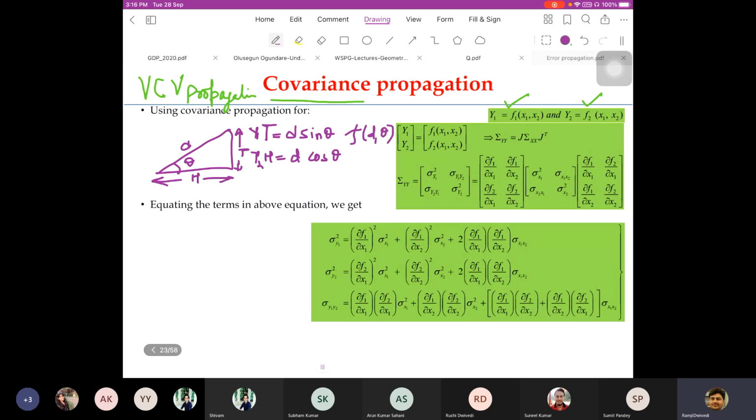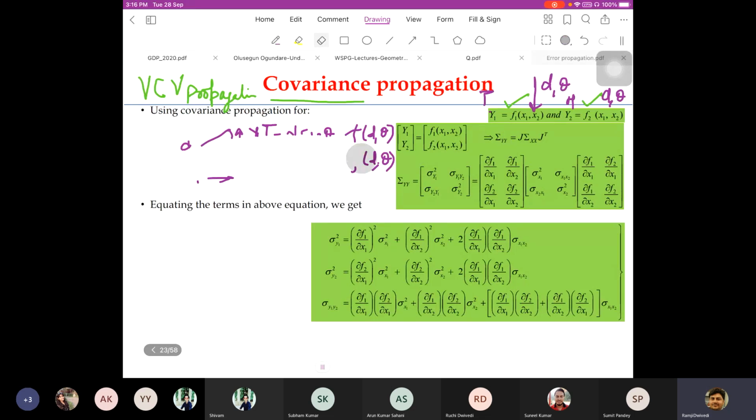That's how you understand how these two functions are written. Y is equal to x1 and x2, so you could consider x1 and x2 as d comma theta, and y1 as t, y2 as h. That's how you could relate in your mind how these functions are usually prepared when we are talking about covariance propagation.